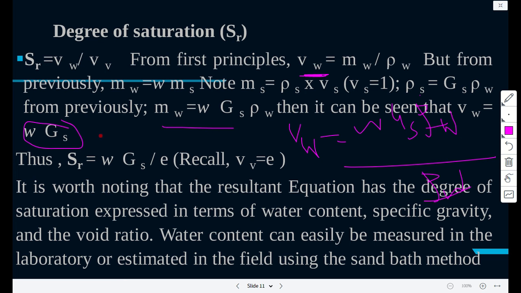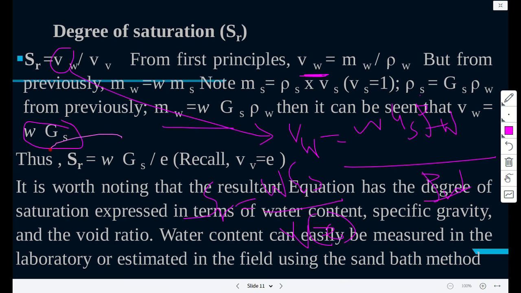So for the degree of saturation, it would be V water over Vv, but V water is w Gs, over Vv, but Vv is e.